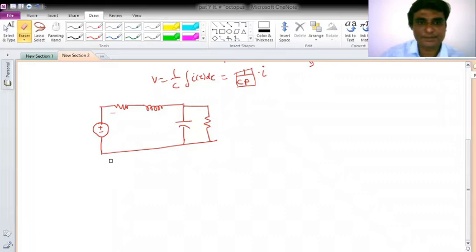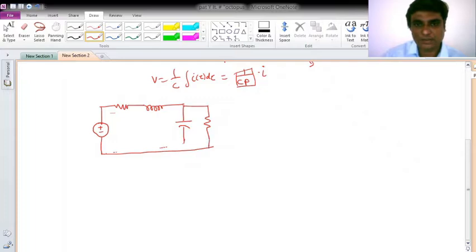Let us think, can we solve this like we solved resistor networks using resistors? So this is my Vs of t, R, L, C and R. Now let me replace the inductor with the operator Lp, and the capacitor with 1 over Cp.